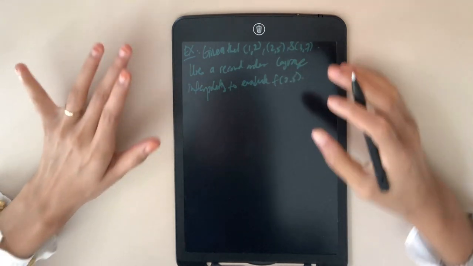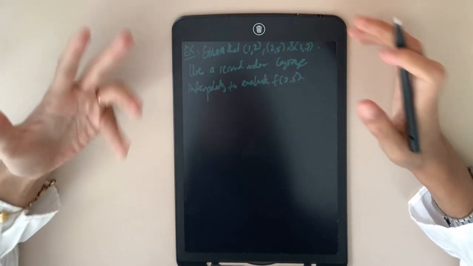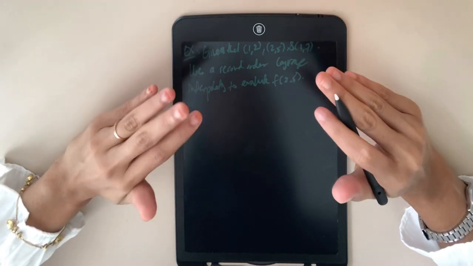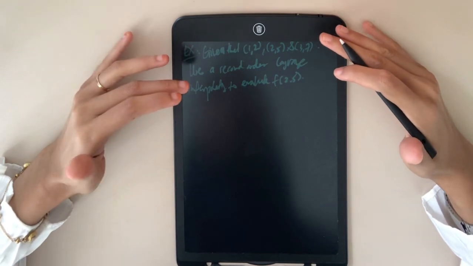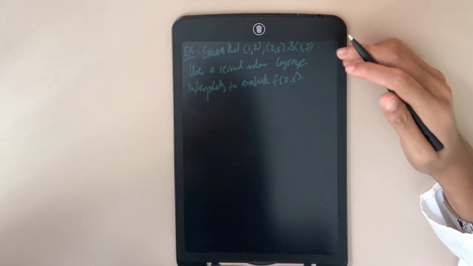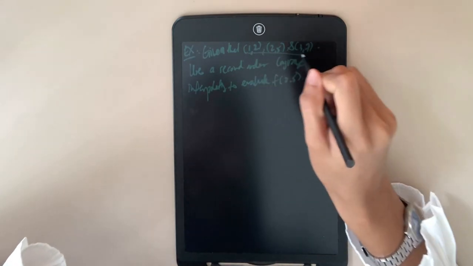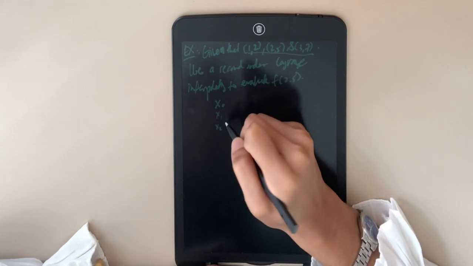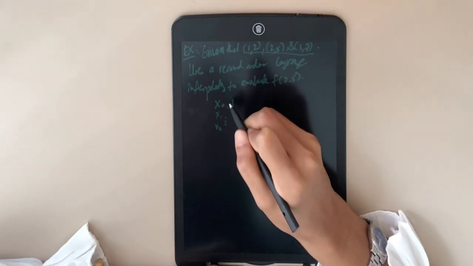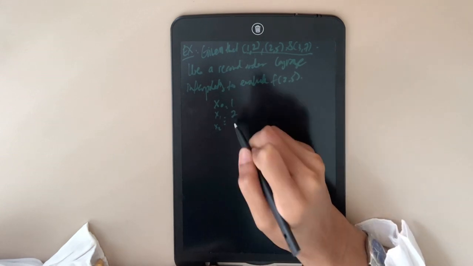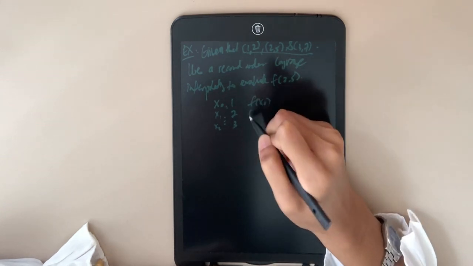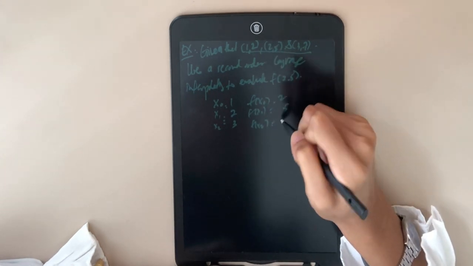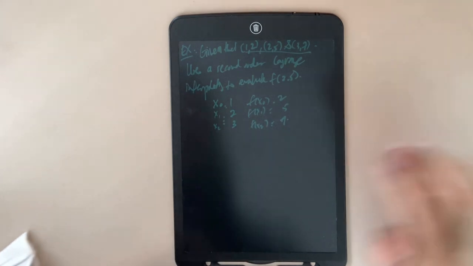So the question is similar to the previous one, just adjusted to the data given, and it asks you to find second order. For second order you need 3 data points, and you have 3 here, so you can identify your x0, x1 and x2. Your x0 is 1, x1 is 2 and x2 is 3, and your f(x0), f(x1), f(x2) are 2, 5, 7.